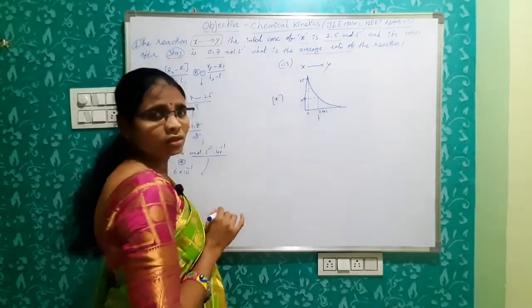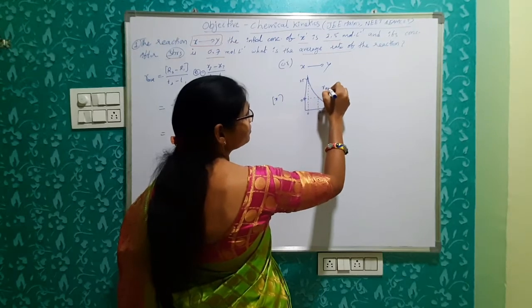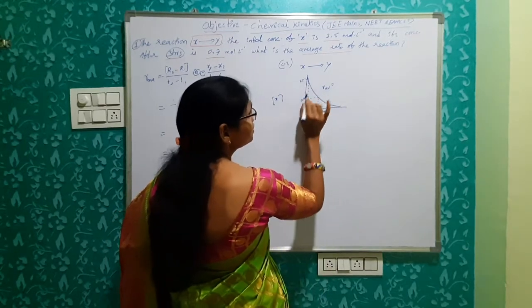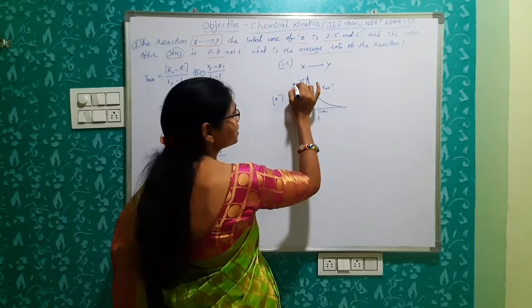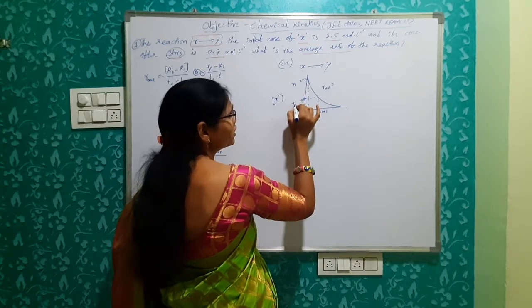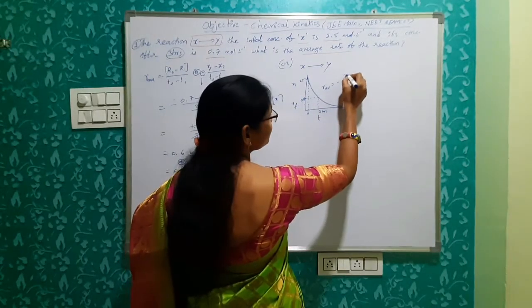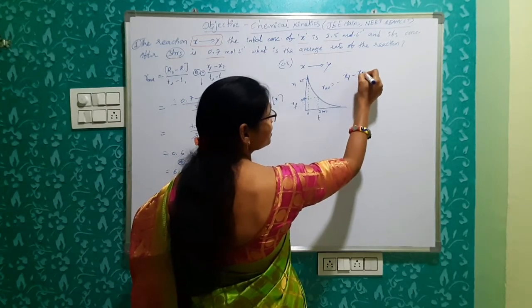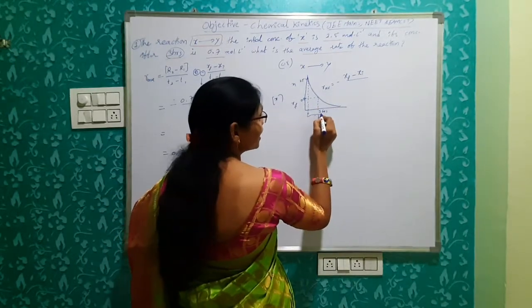So by this we can find out the average rate. This is X1, X2, maybe the initial concentration Xi or X1, and the final concentration. So rate is minus of the final concentration of X minus the initial concentration of X, divided by the change in time.